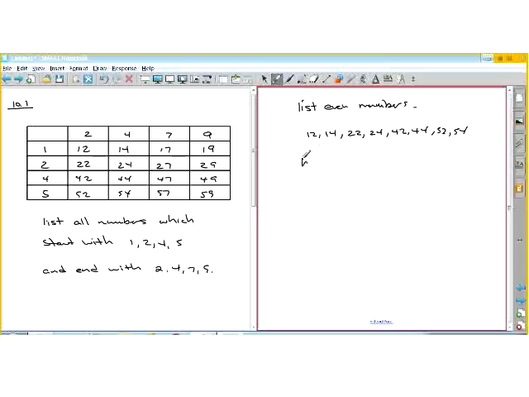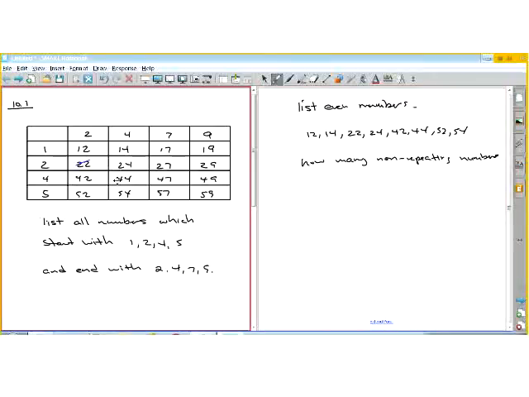I might say, how many non-repeating numbers are there? So then I would take this table and ask, do I have any that have repeating digits? And I would say, okay, that one's got repeating, that one's got repeating, and I think that's it.